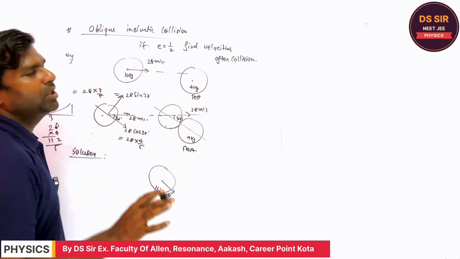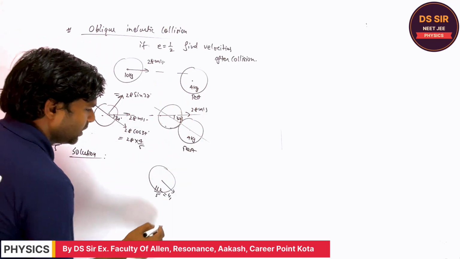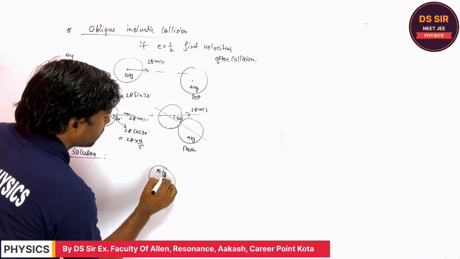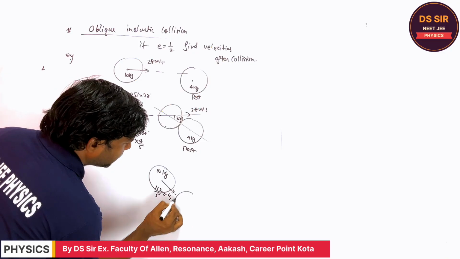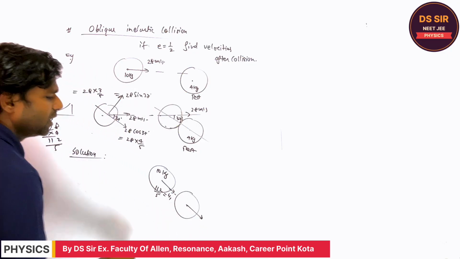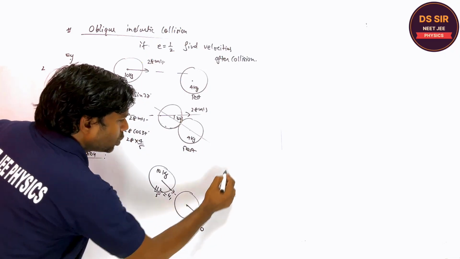Generally the second body is at rest, but it is not necessary. So this is the 10 kg block. It hits with this. Are you getting it or not? This u2 is 0.